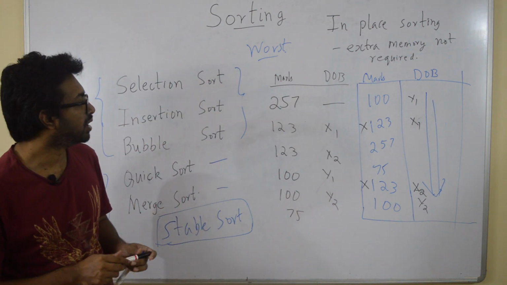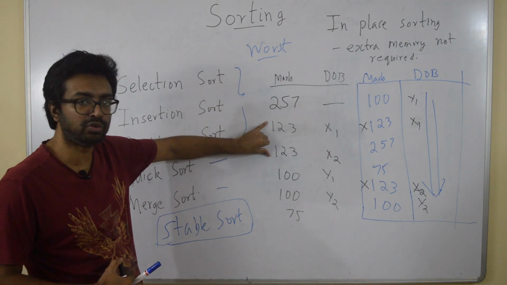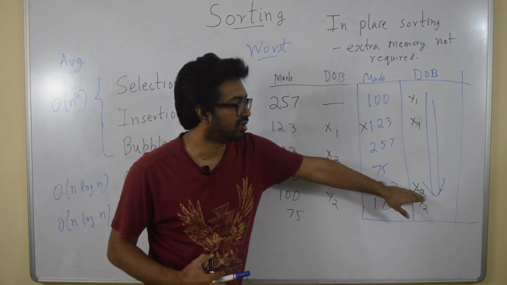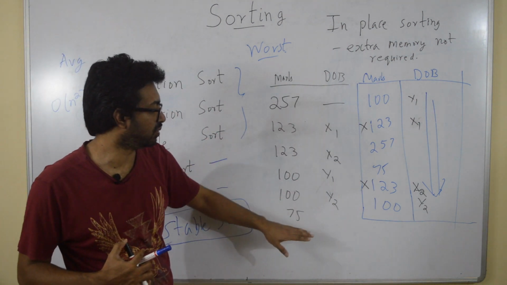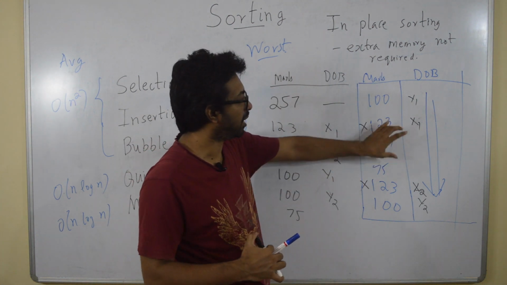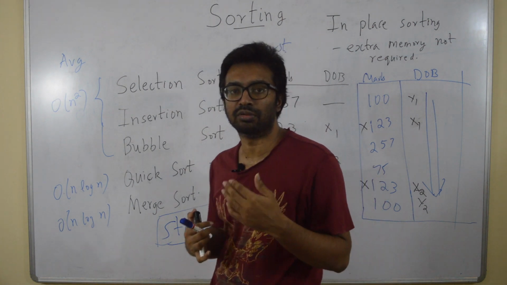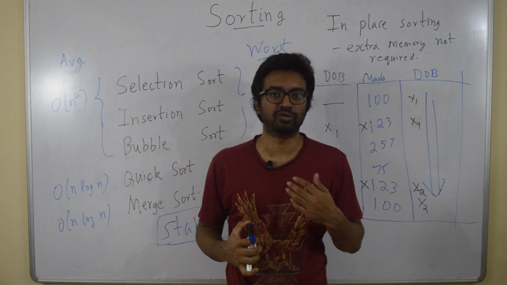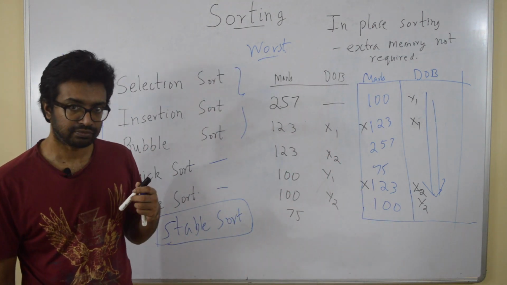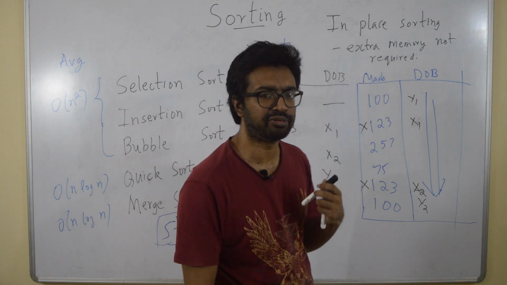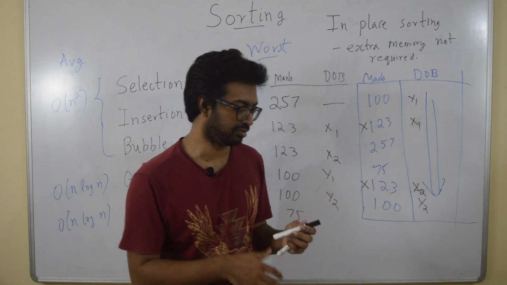So you want the sorting to be in this order: 257 comes first, and then the two 123s come, x1 has to be above x2. And when 100 comes, y1 has to be above y2, and 75 comes after. So among the equal guys, the array ordering from the previous sort should be preserved. That is called stable sorting, and in Excel sheets and such, you would always prefer stable sorting, because you want to preserve the previous sort.